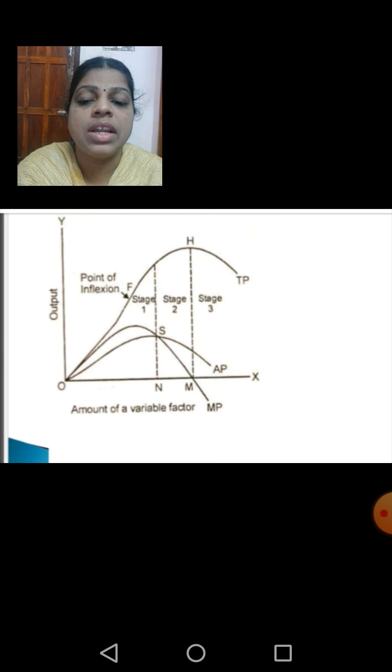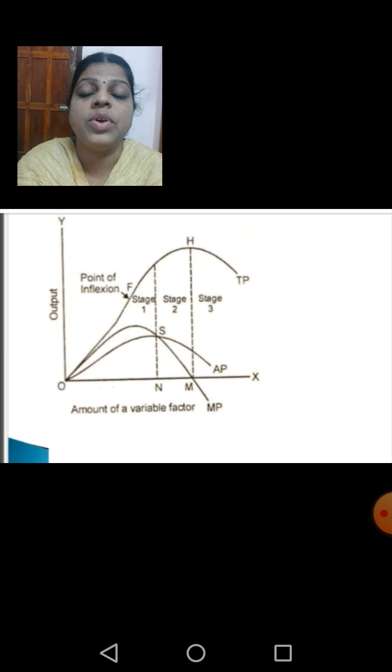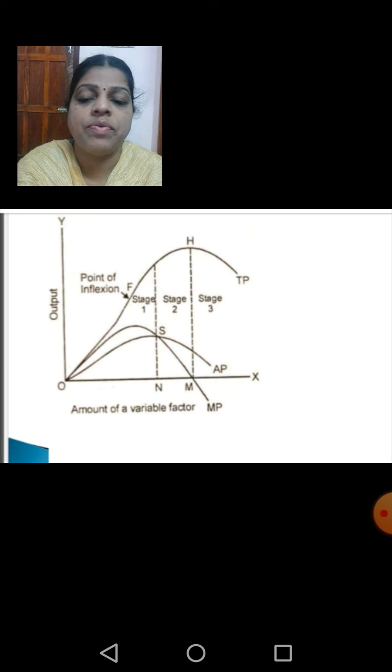Then the next one, what I told you: when the AP value starts decreasing because of the quantity of the variable input, what happens to that MP? MP also touches 0, and after that it becomes negative.